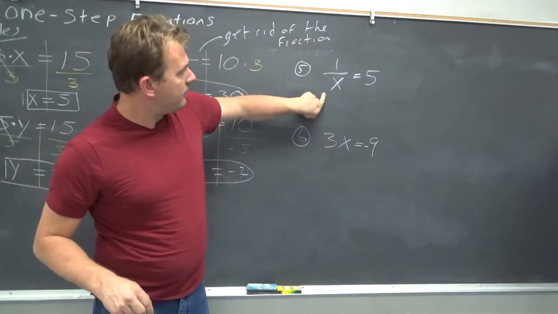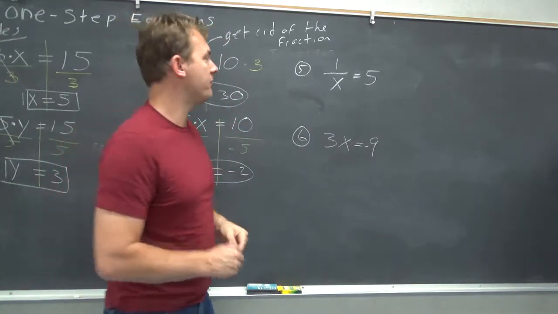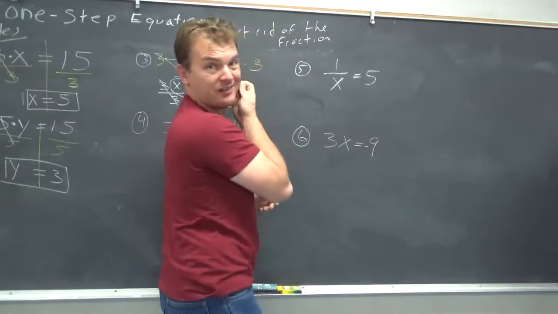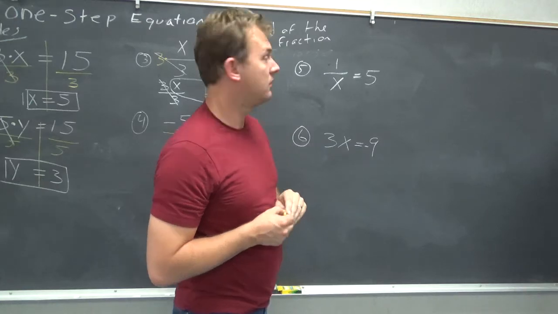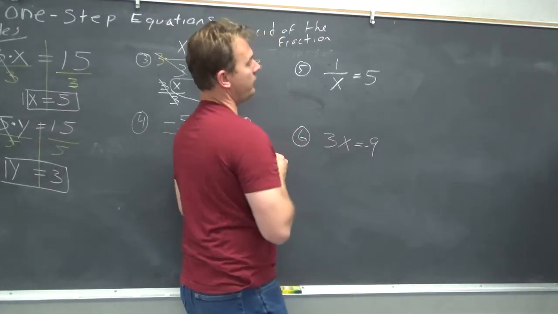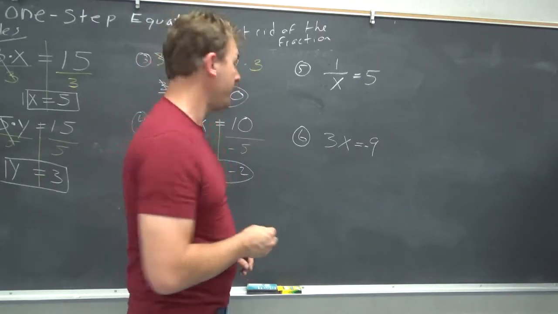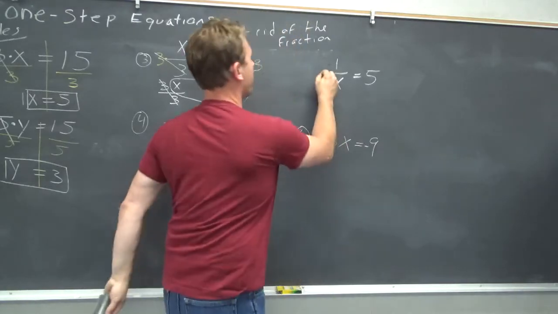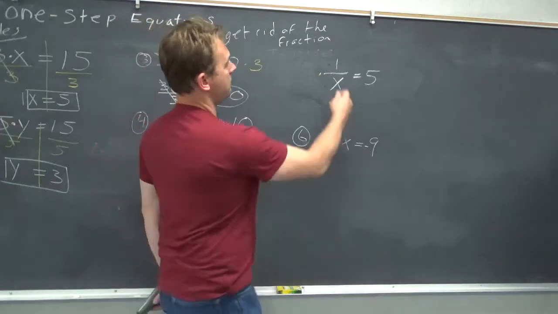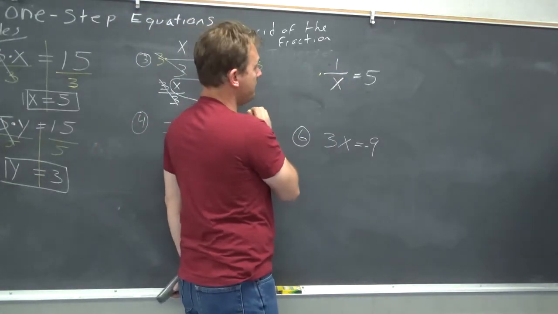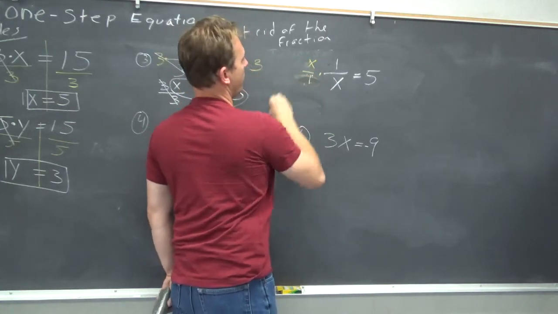This is 1/x equals 5. So 1/x equals 5. If this is 1/x equals 5, what are we going to do to get rid of the fraction? We're going to have to multiply. We're going to have to multiply by what? To both sides. The reciprocal of this. So maybe 1 over x. Oops, sorry. x over 1.